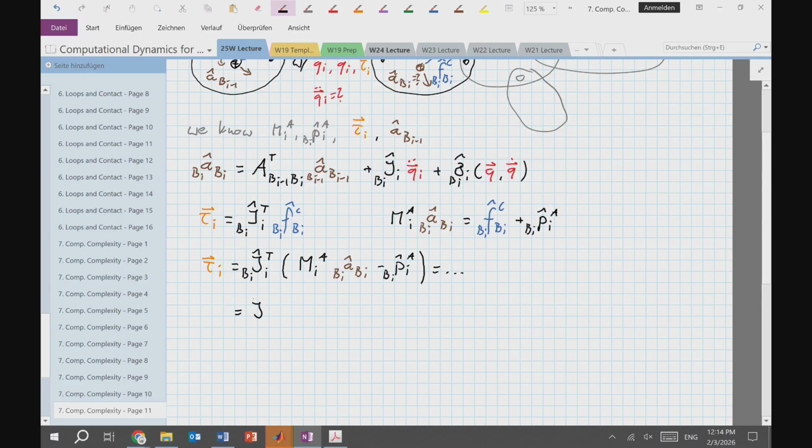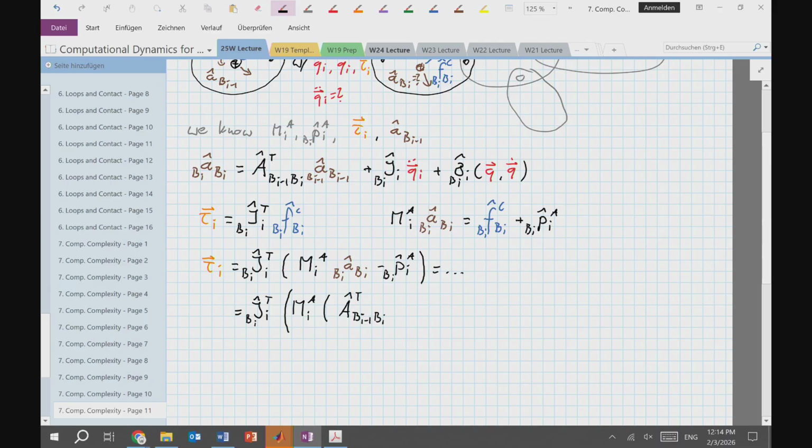So we get J hat i transposed in BI coordinates times our articulated inertia, Mi, which now gets multiplied with AB i minus 1 BI transpose.